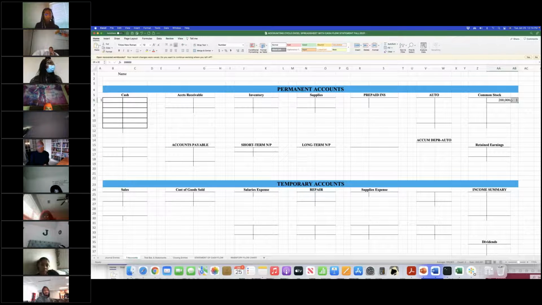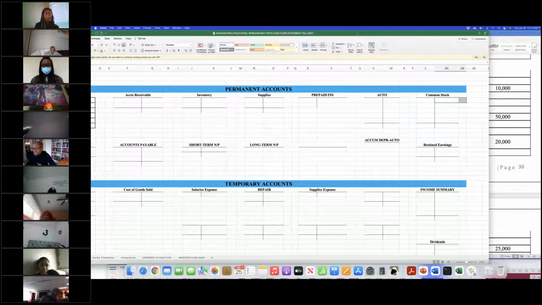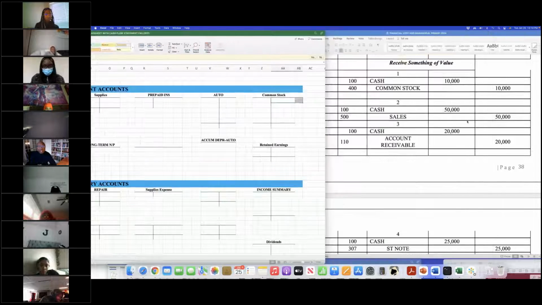Okay. Every time we have a journal entry, we now need to know how much cash we have and how much is in every other account. So when we have a journal entry such as debit cash and credit common stock, we're going to post that. If it's a debit in the journal entry, it goes into the T accounts as a debit.